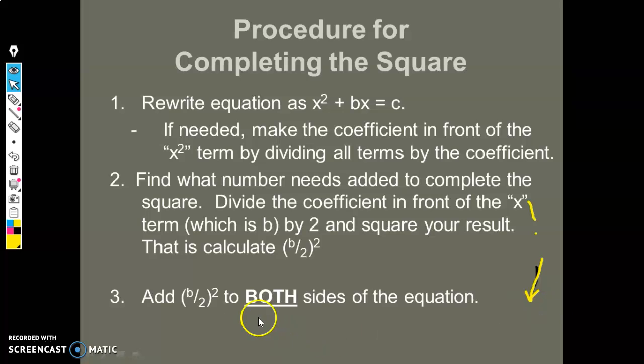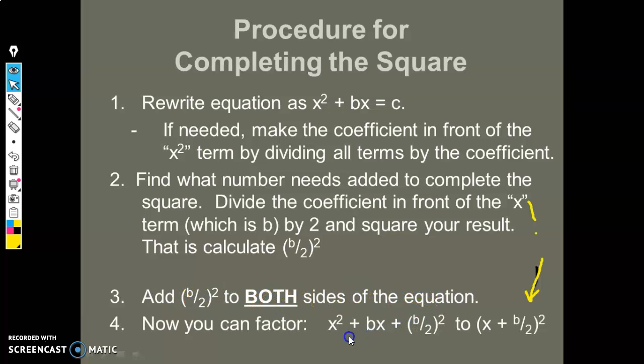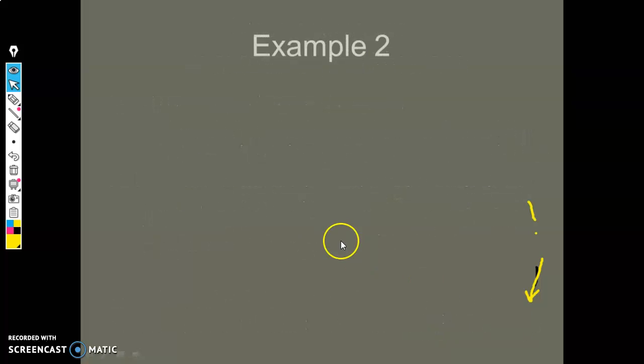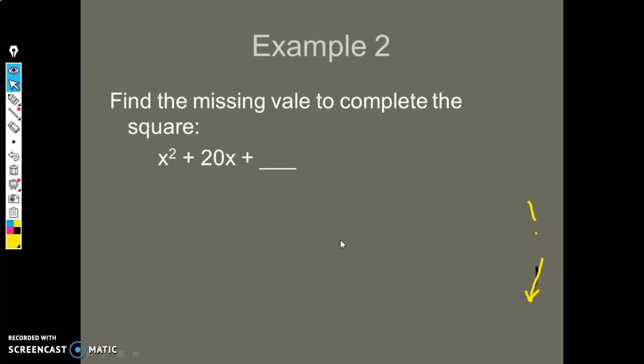Then, to keep the equation balanced, you add b over 2 squared to both sides of the equation. Then you can factor this chunk, the perfect square trinomial, into x plus b over 2 squared. And remember, b over 2 is just the part before you square it. So it isn't that tricky once you see an example.